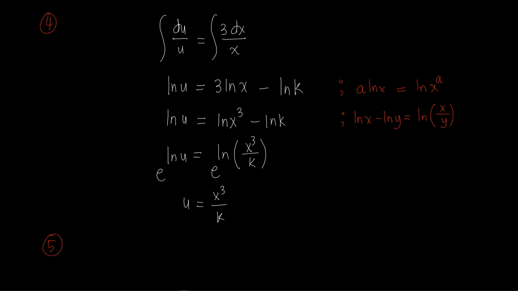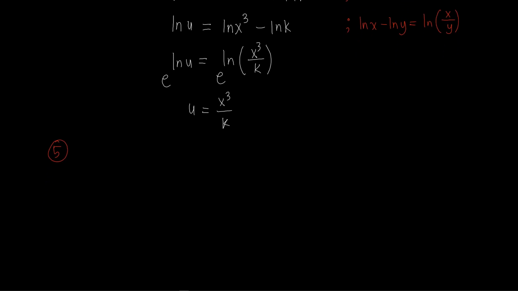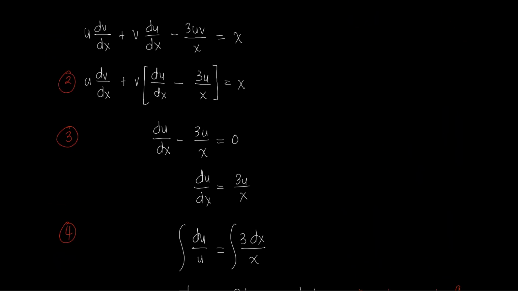So, step 5 is substitute natin yung u back to the equation na meron tayo sa step 2. Yung equation na meron tayo sa step 2, ito. Okay. Pero, i-neglect na natin ito na part. Kasi, hindi na natin yan kailangan, kasi inequate natin yan to 0.